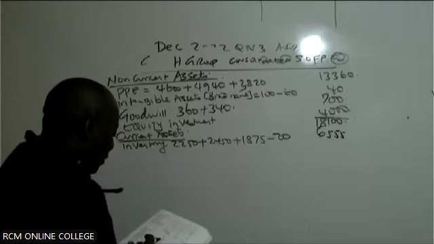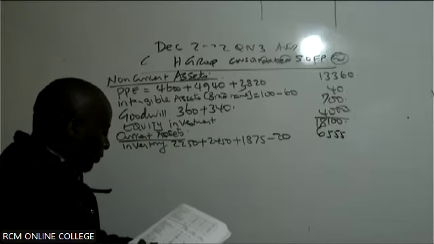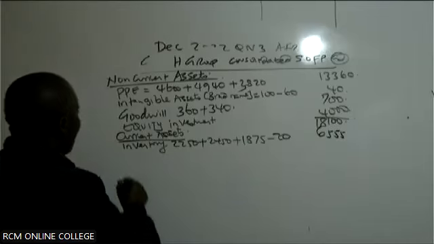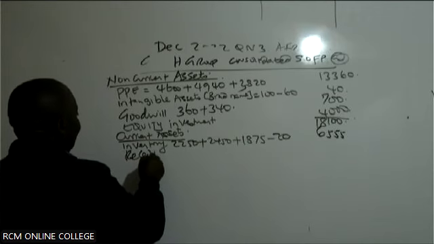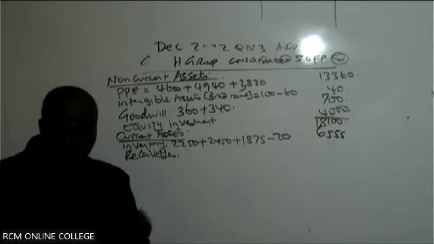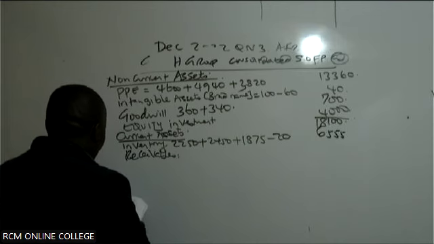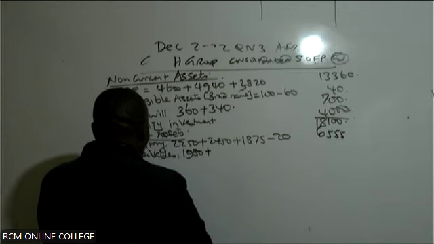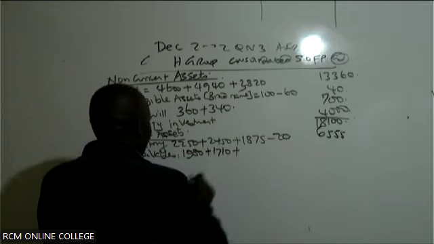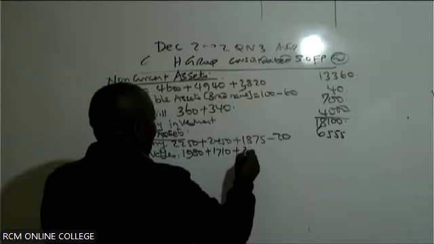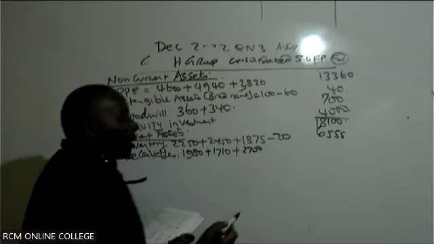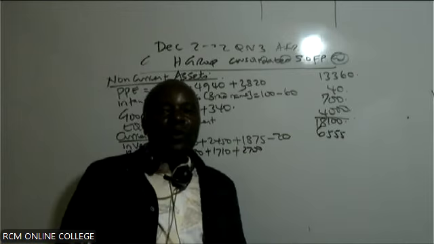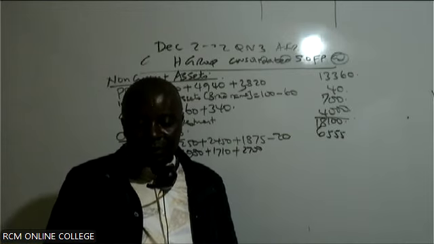After inventory, we have receivables. We have 1980. After 1980, we have 1710. After 1710, we have 2700. In this question, there's no internal receivable.